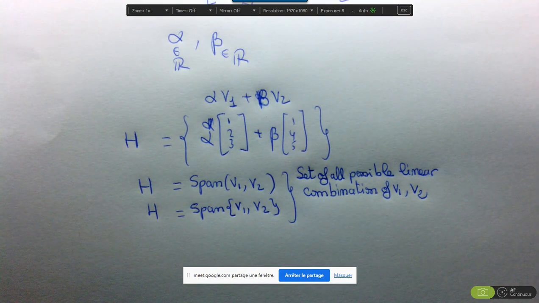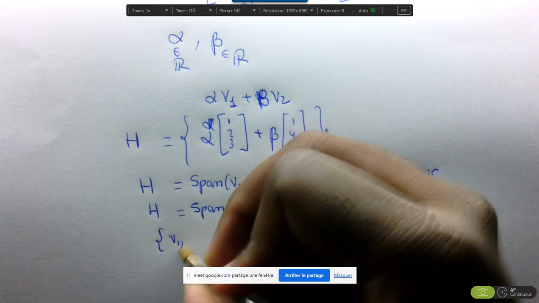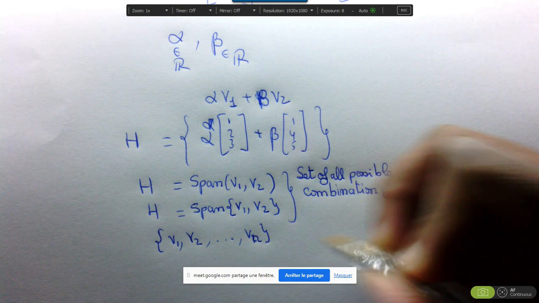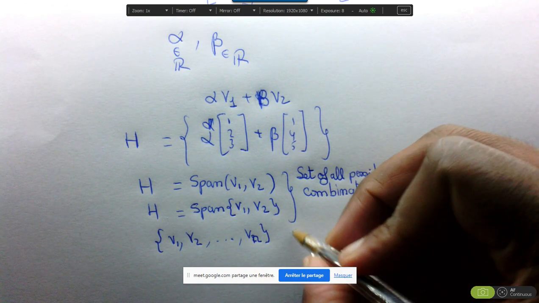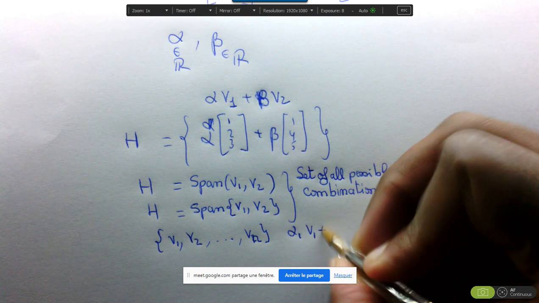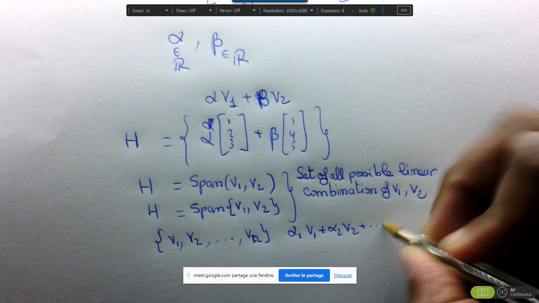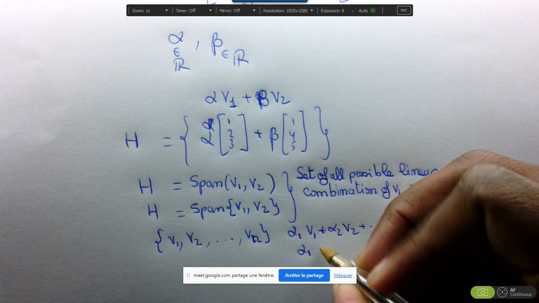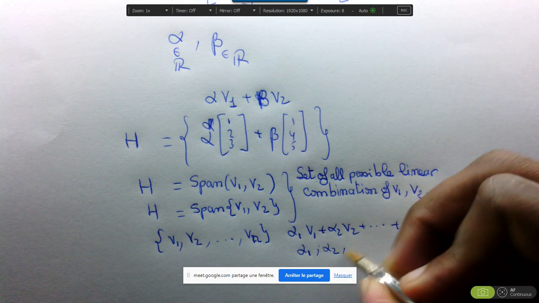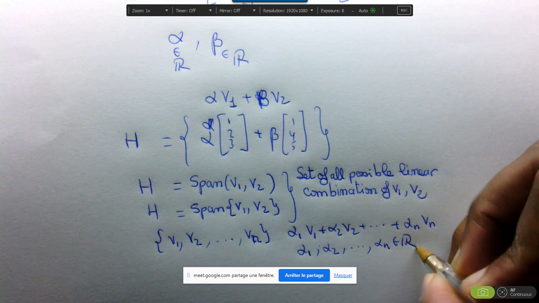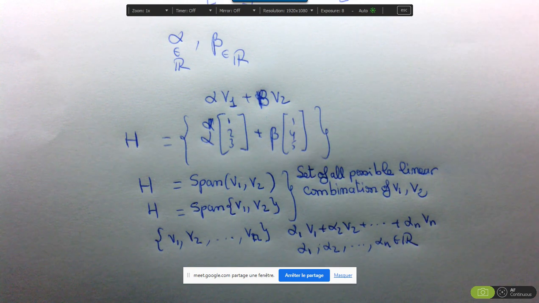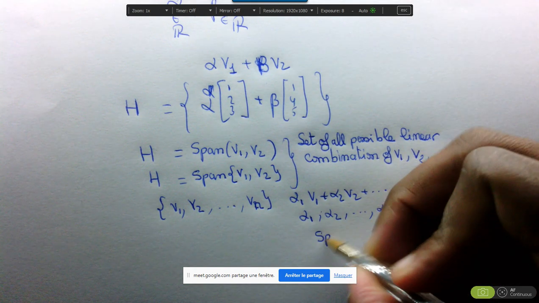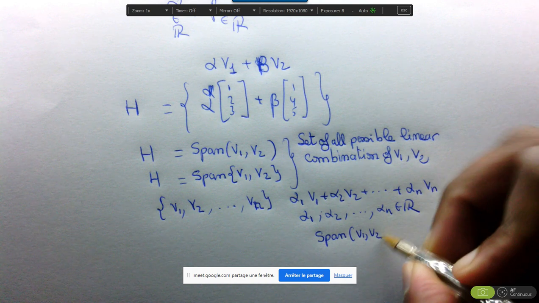In general, if I have a set v1, v2, up to vn, and I have alpha 1 v1 plus alpha 2 v2 plus up to alpha n vn, given that alpha 1, alpha 2, up to alpha n all belong to the set of real numbers, they are scalars, then the set of all the possible linear combinations of this is called the span of v1, v2, up to vn.